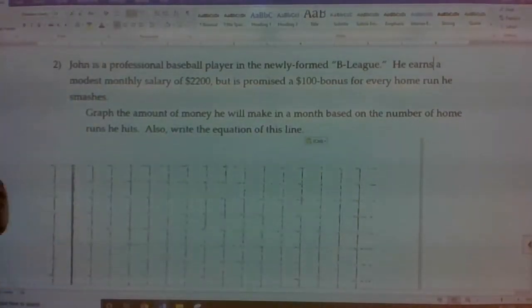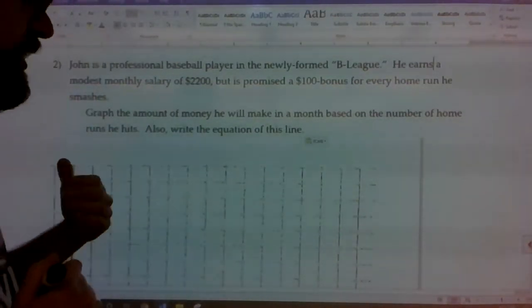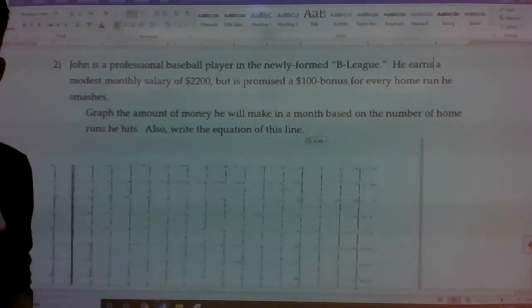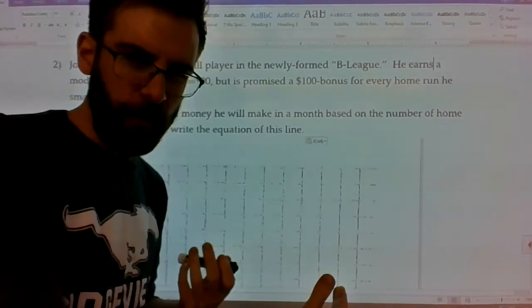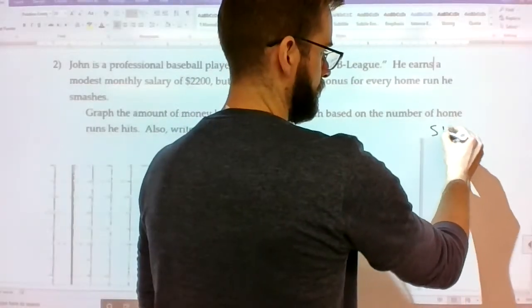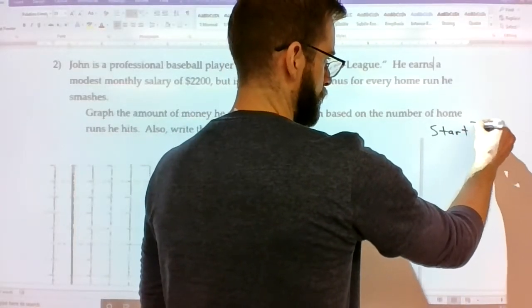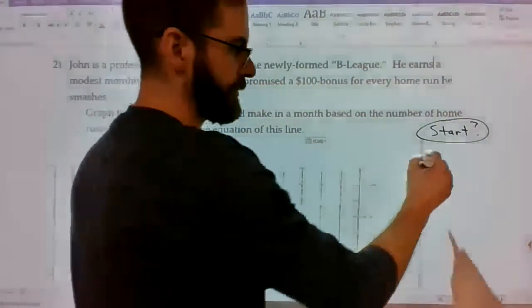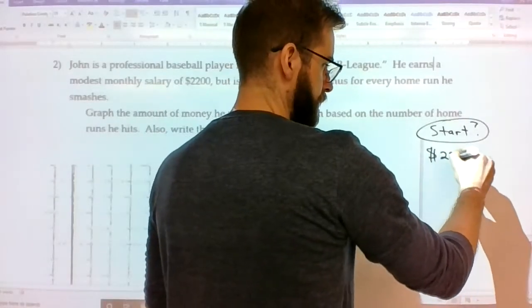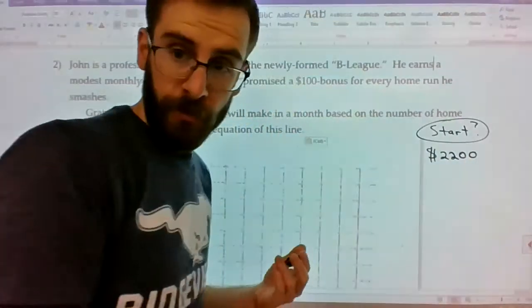So graph the amount of money he will make in a month based on the number of home runs he hits. So I think you guys understand, we're trying to get the starting point first. And yeah, he's starting out at $2,200. It's the rate of change.